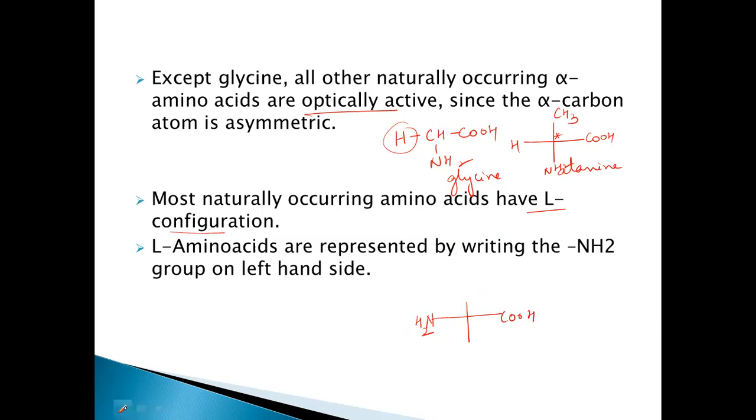So we represent NH2 on the left-hand side to show the configuration. All naturally occurring amino acids are L amino acids, represented by showing NH2 on the left-hand side. So this is the introduction to proteins.